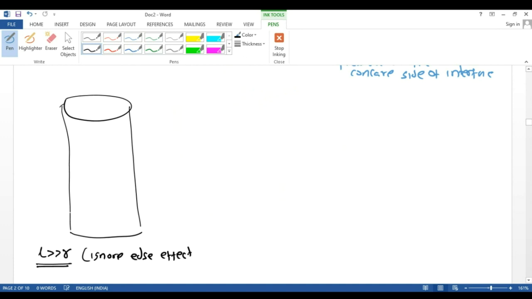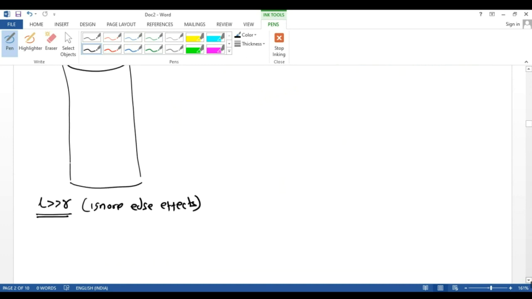If they say long cylinder, then that is obviously the assumption that they have in mind, right? So if we have this case, L is very, very large compared to R, then we can comfortably ignore the edge effects, right?